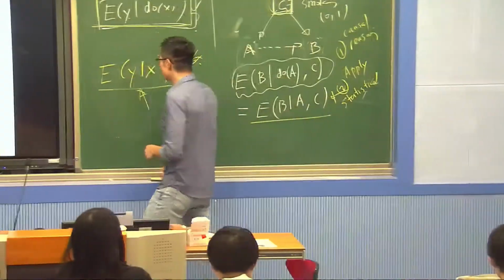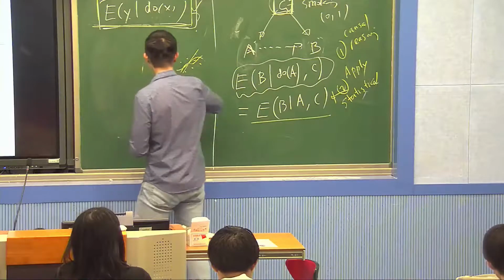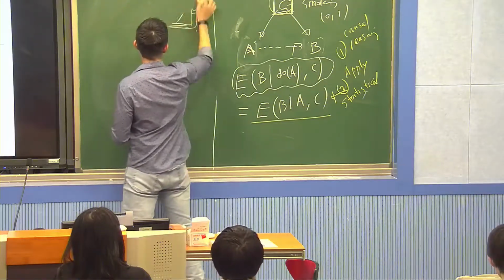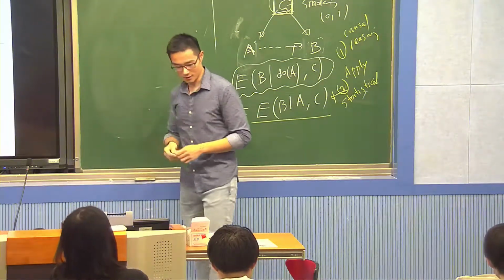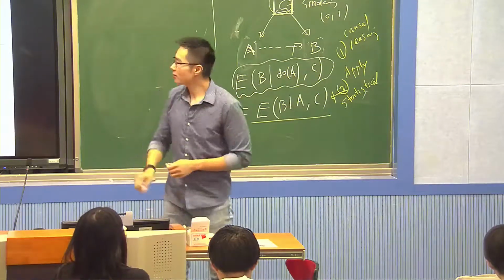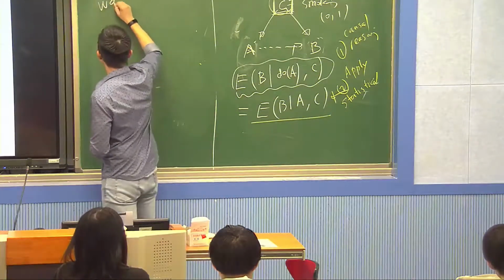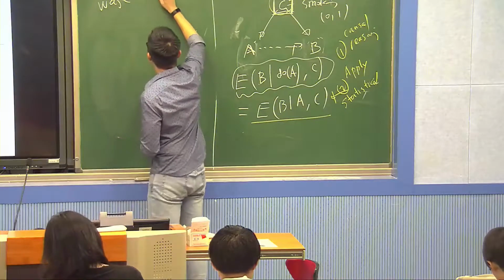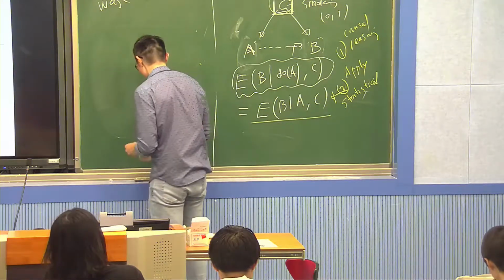Now, let's go through another example which you're all familiar with. Many times in your intro econometrics class, the relationship between wage and education, right? Okay, schooling. Let's call it schooling.